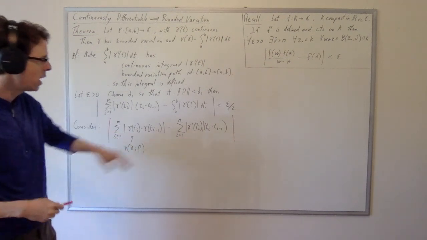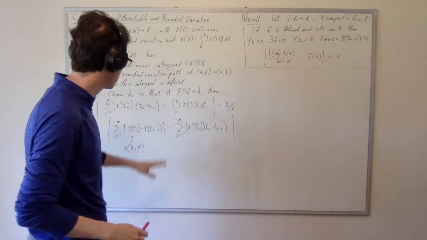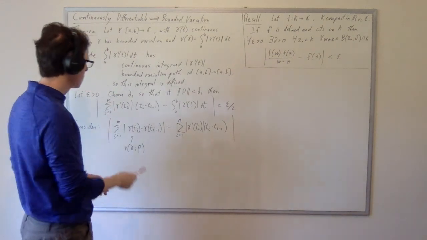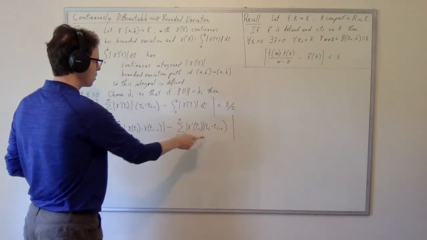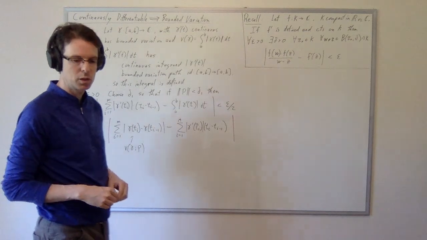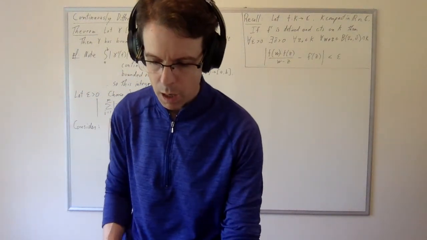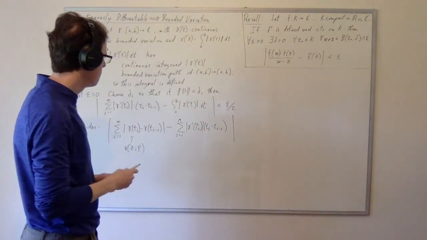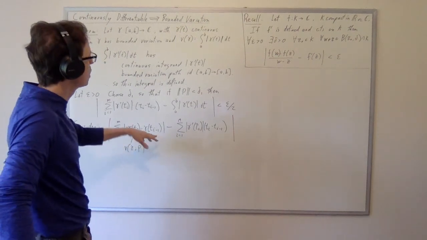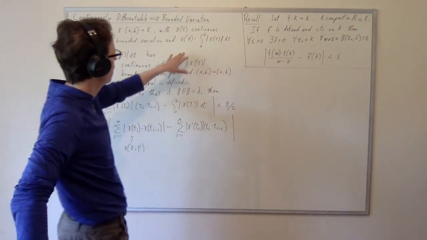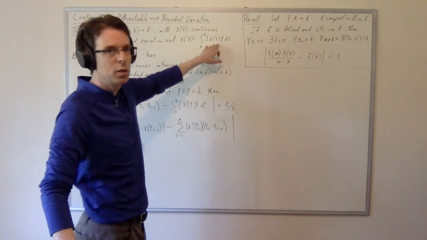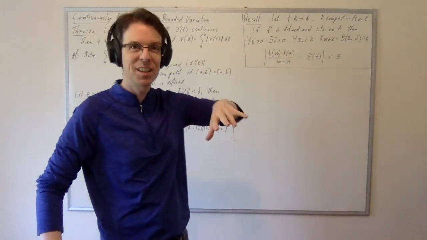So this is the thing that I also want less than epsilon over 2. I want to control this less than epsilon over 2 so that I'll know that the integral estimate is close to the integral and the integral estimate is also close to the variation estimate. So we need to compute this thing. It's going to be a little bit of work. The reason it's a little bit of work, I should have pointed out before, is that this is actually the very first integral that we've exactly calculated in this course.